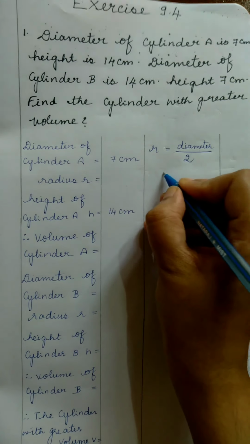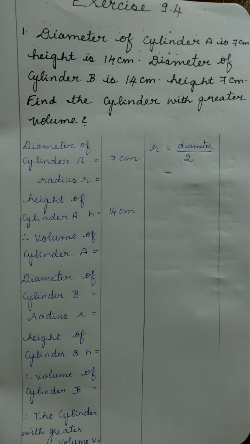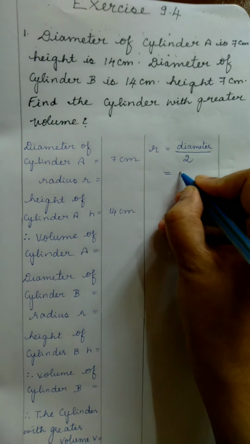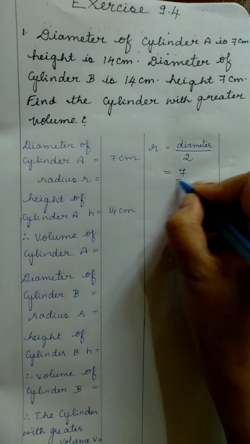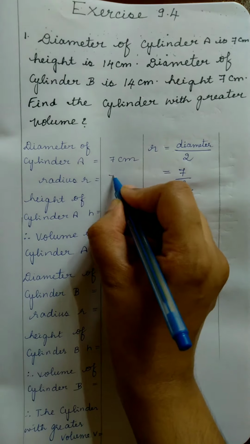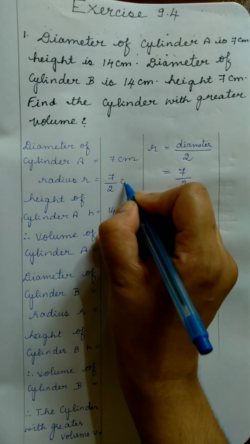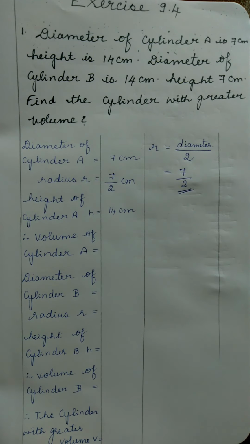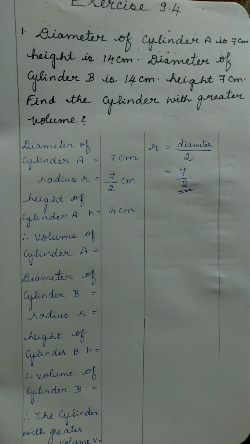For cylinder A, the diameter is 7, so r is 7 divided by 2. Therefore, write here 7 by 2 centimeter. Height is given, that is equal to 14 centimeter.